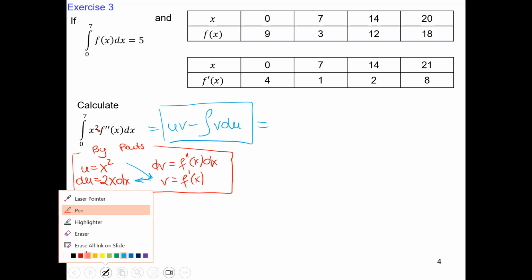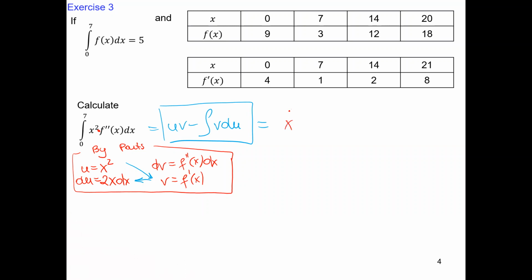And let's see what we have. We will have x squared times f prime of x minus the integral of 2x f prime of x dx. The limits stay the same. We didn't use u-substitution, we didn't change the variable. And what we see is 2x times f prime of x.